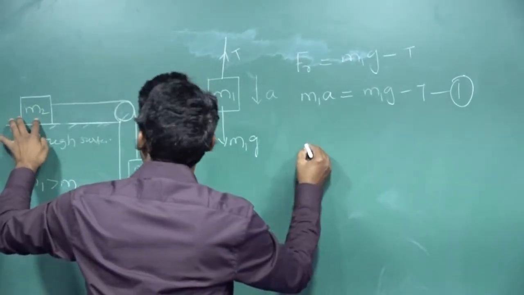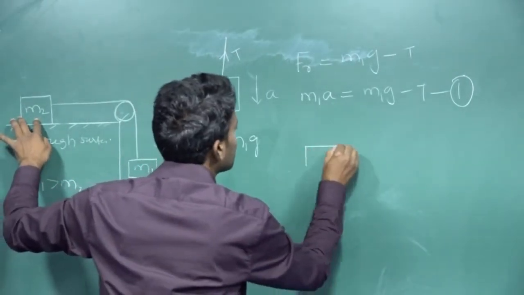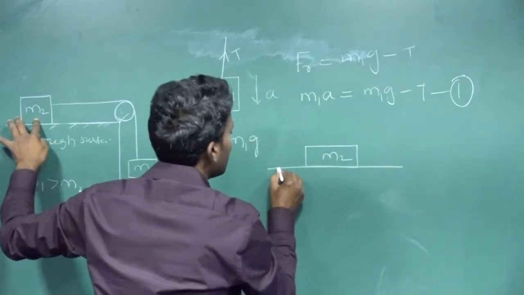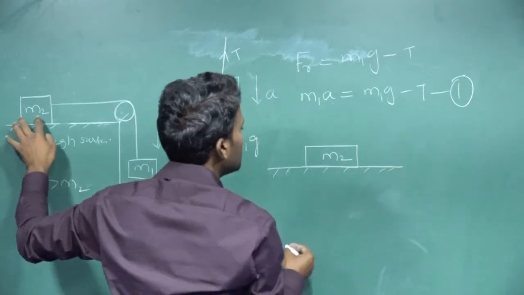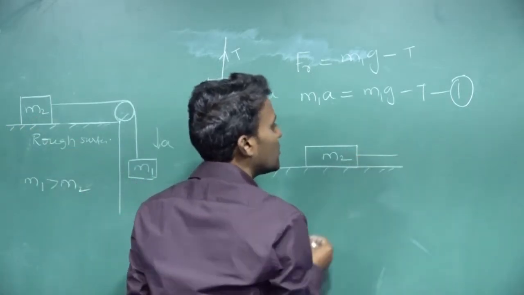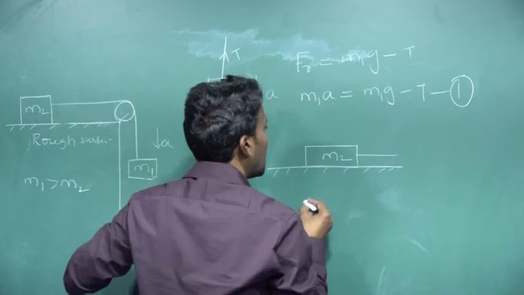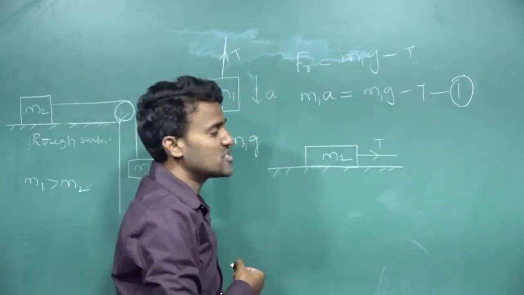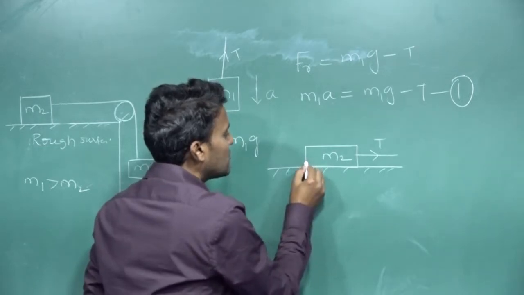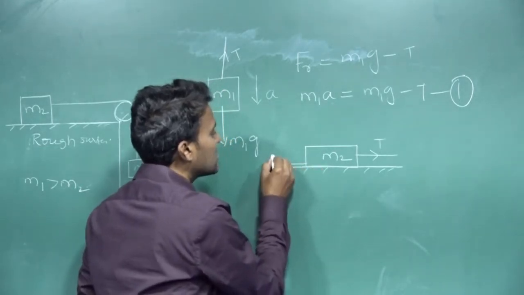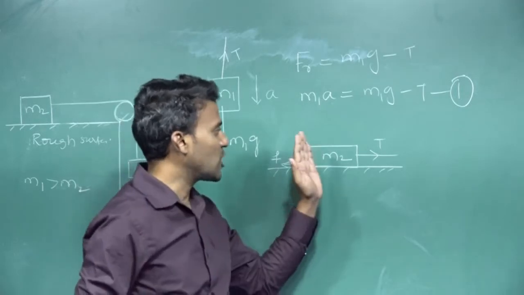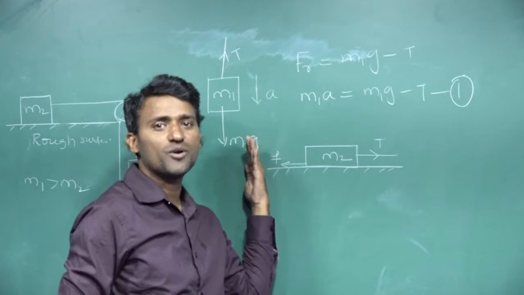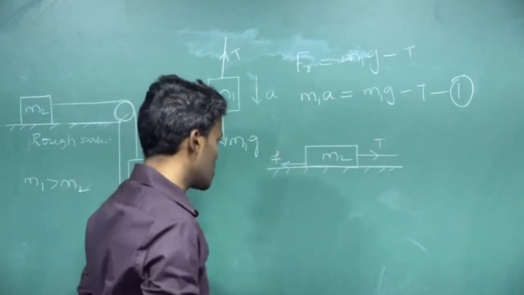Here this block is m2. It is connected to a string, and tensional force is acting away from the object. See here, frictional force is acting. When the object is moving like this, frictional force opposes the motion of the body.